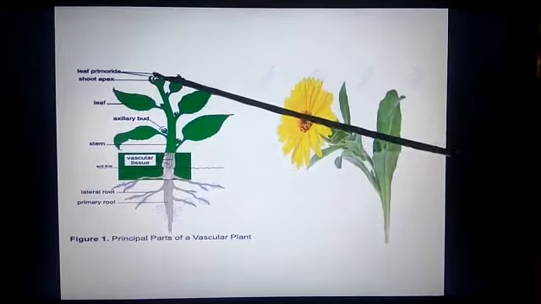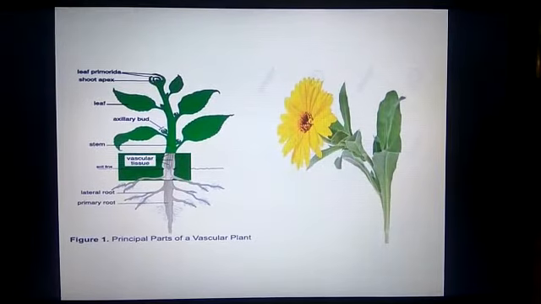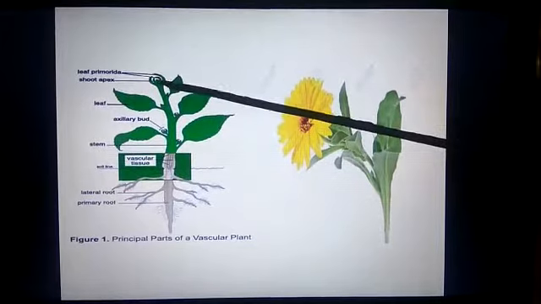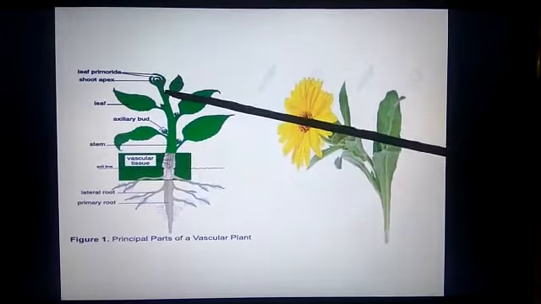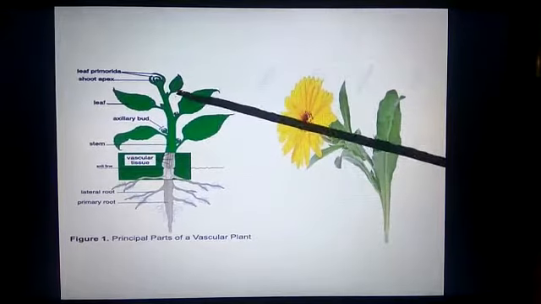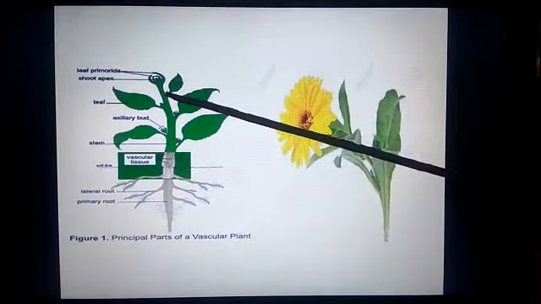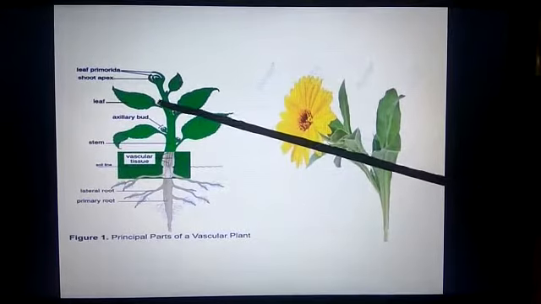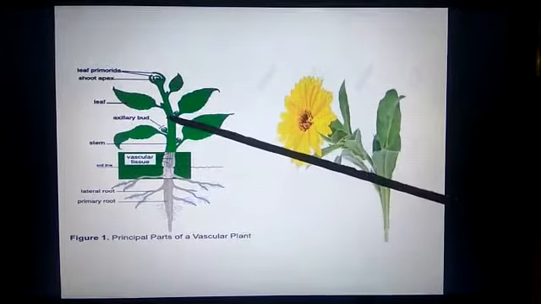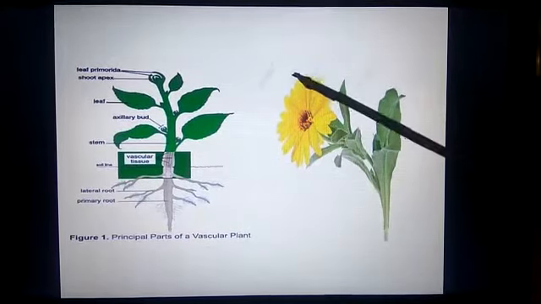Now the shoot apex will directly give rise to the gynoecium, the female part of the flower, and a node below the shoot apex will produce the androecium, the male part of the flower, and below the second node, the third node will give rise to the corolla. And below that a node will give rise to the calyx.